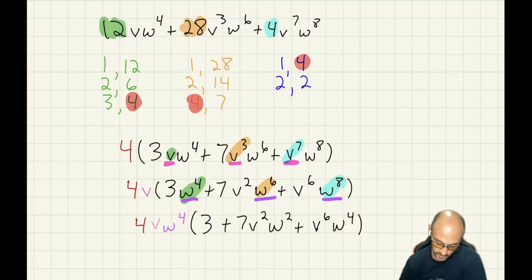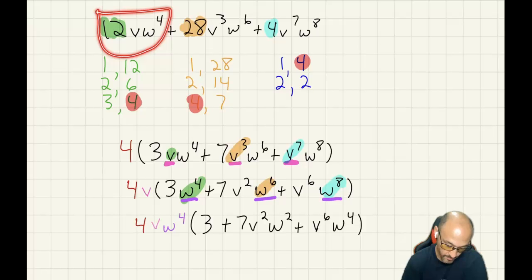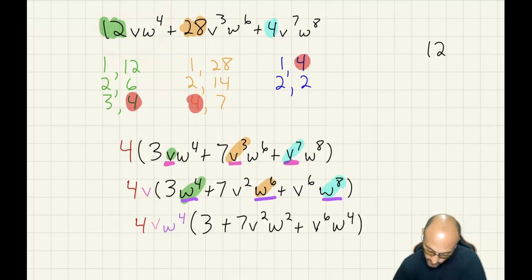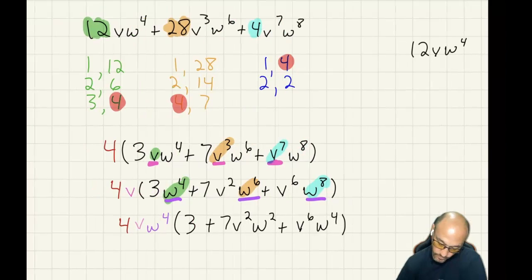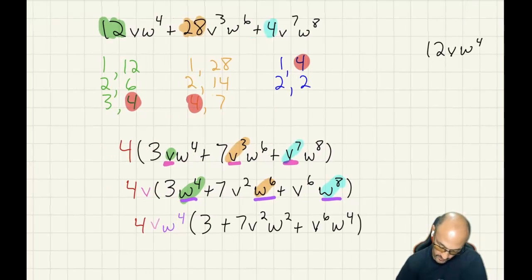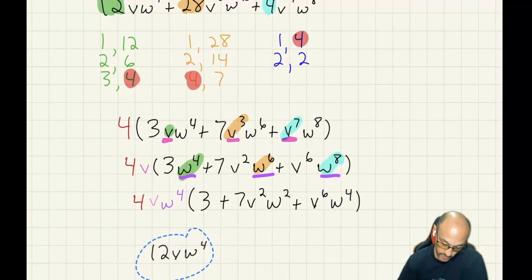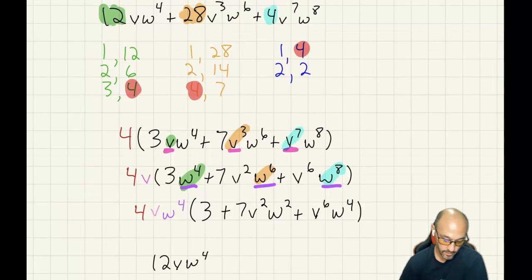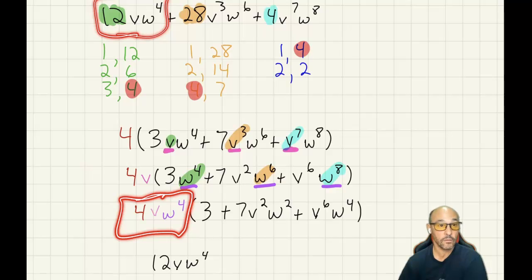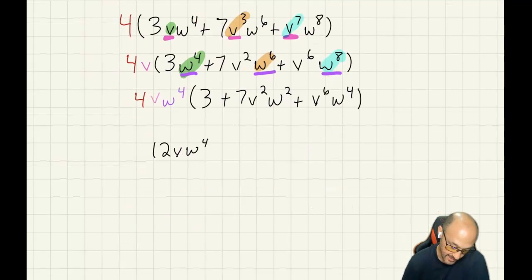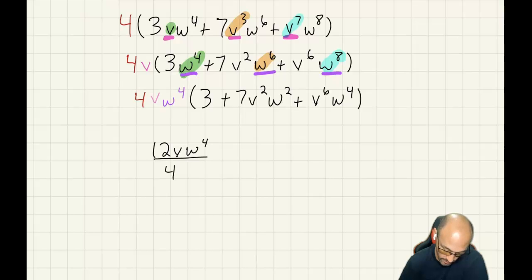And the reason why that is, if you think about it, let's look at this term. Well, actually, we'll start with this term right here. So if we start with 12v w to the 4th, we ended up factoring this out, right? So I'm going to divide that by 4v w to the 4th.